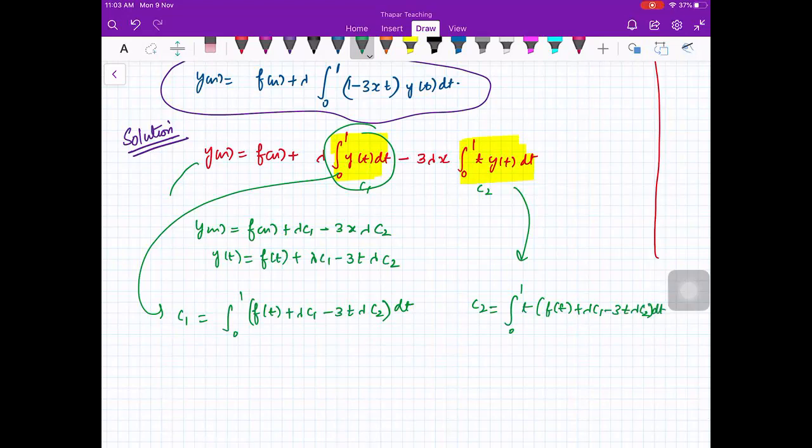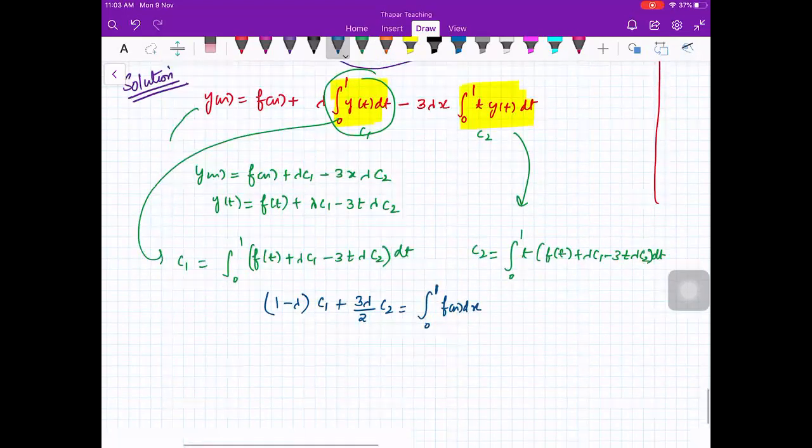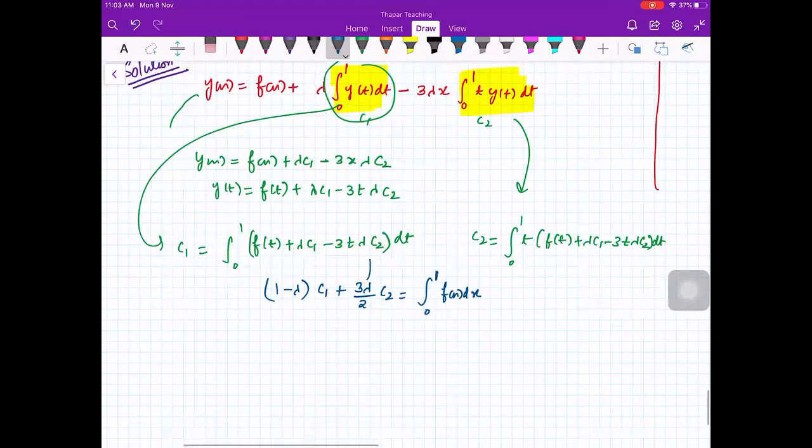So you find the system from here, you'll get these two equations. 1 minus lambda C1 plus 3 lambda by 2 C2 is equal to integral 0 to 1 f of x dx. This is your first equation. And from here, you will get minus 1 by 2 lambda C1 plus 1 plus lambda C2 equal to integral 0 to 1 x f of x dx.